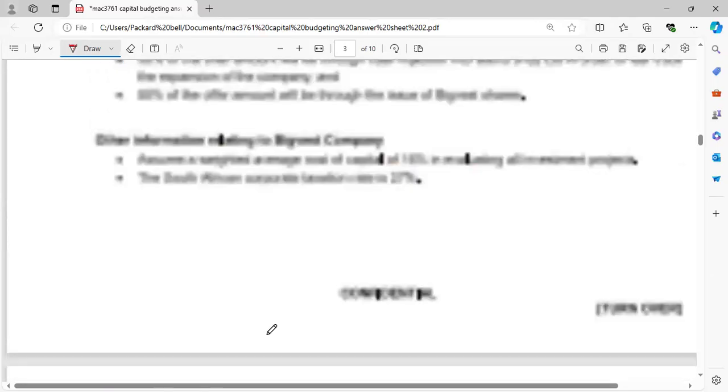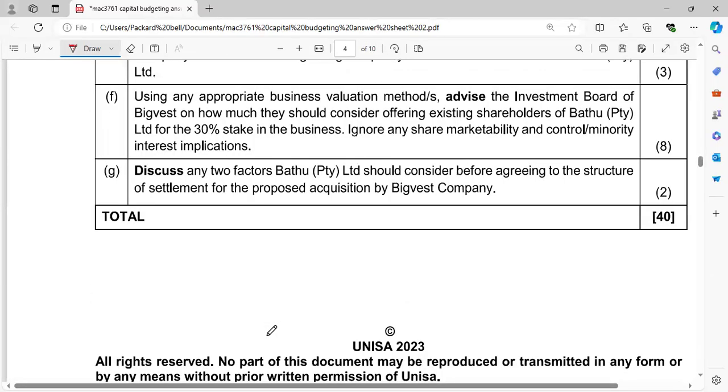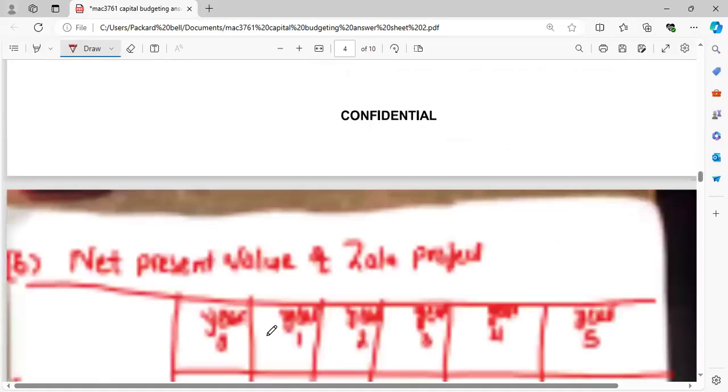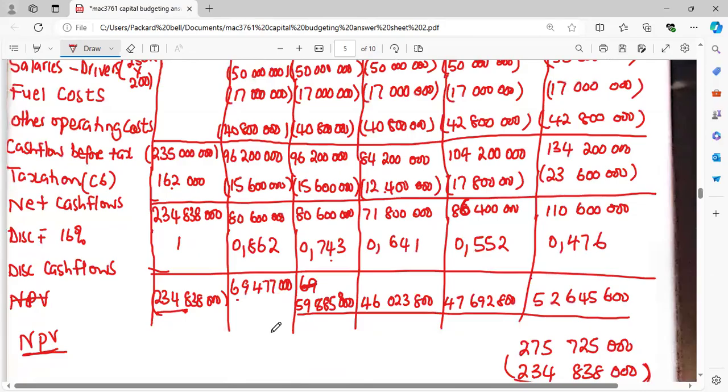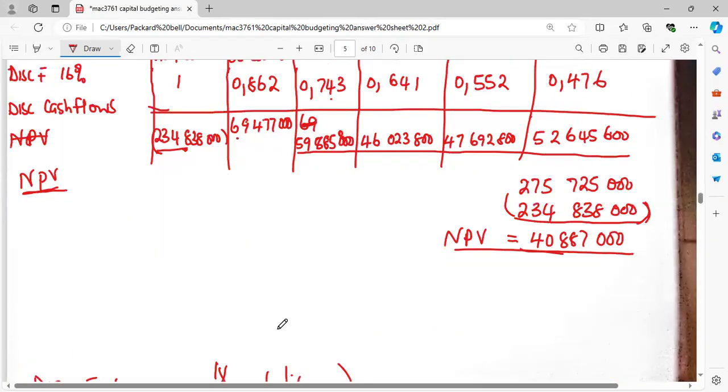So profitability index is just a ratio that compares the present value of the cash flows with the initial investment. So when you are calculating your profitability index, you say present value of cash flow over initial investment.